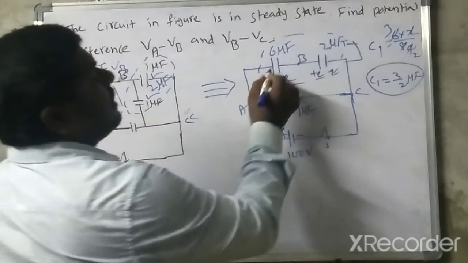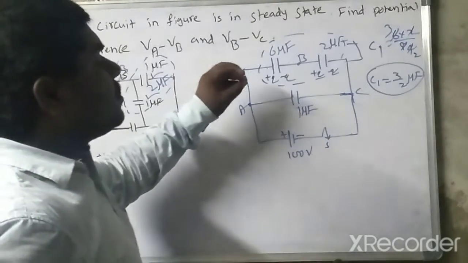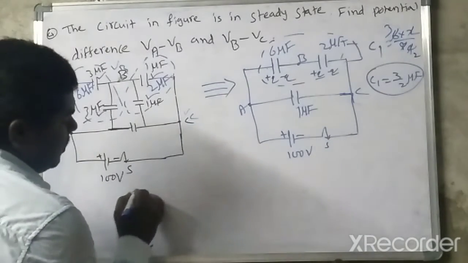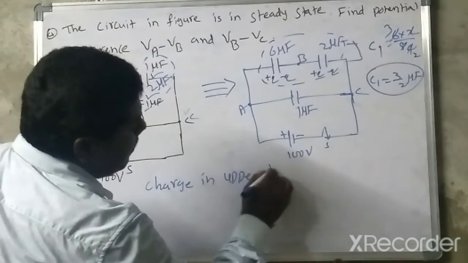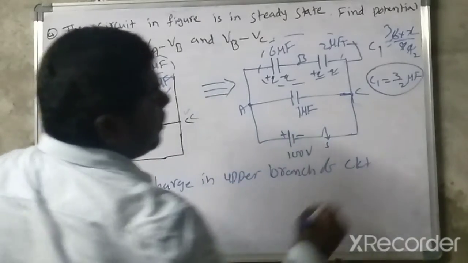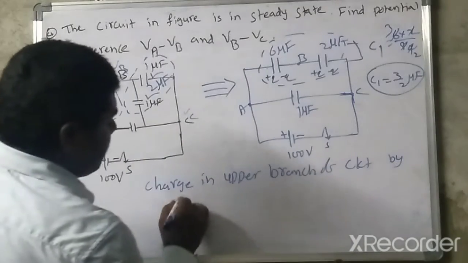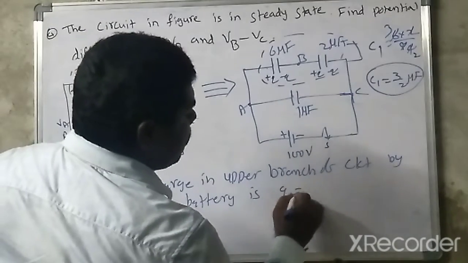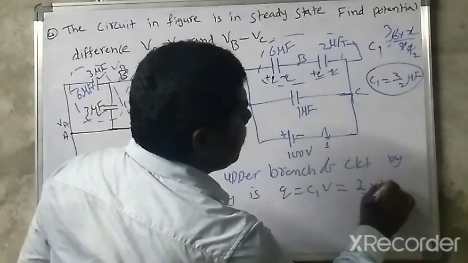You may first of all find the charge. So which charge? The charge in the upper branch of the circuit given by the battery is Q is equal to C1 into V. C1 is 3 by 2, into V, which is 100.